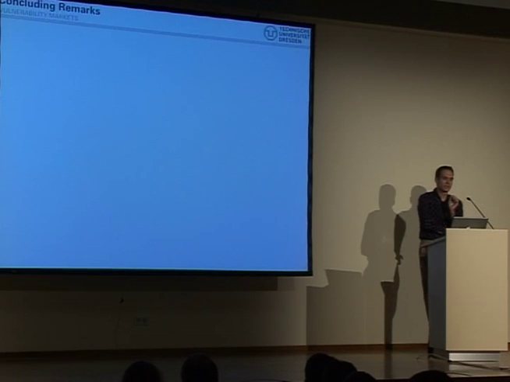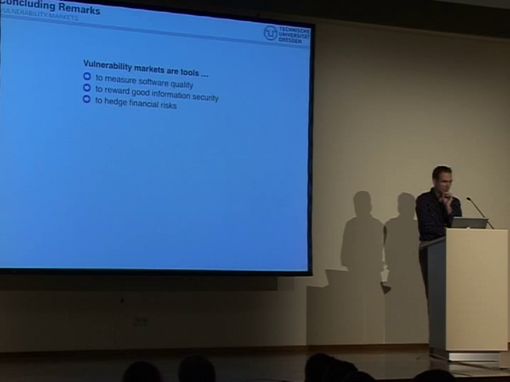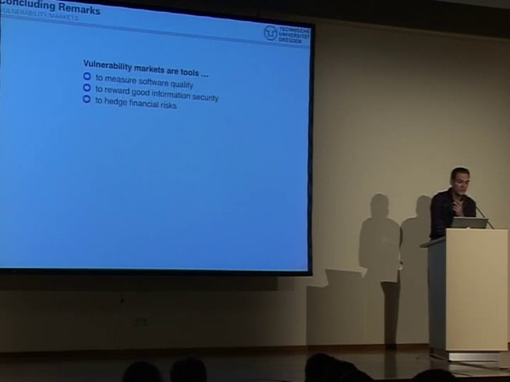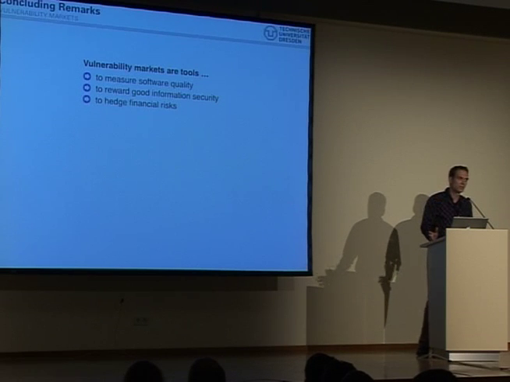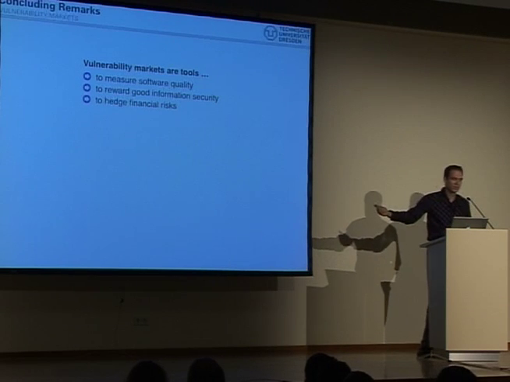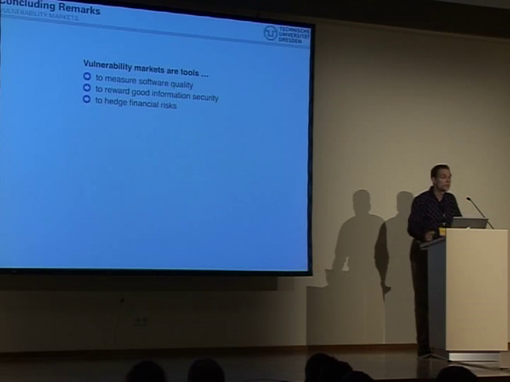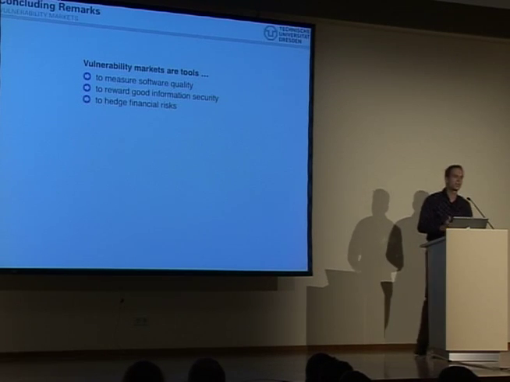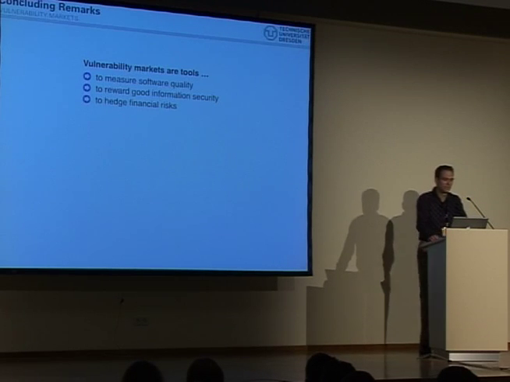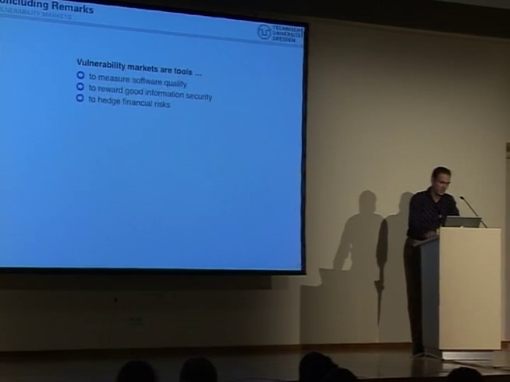To conclude this talk, we have seen that vulnerability markets are tools. Tools, not ends. Tools to measure the software quality, the information function, to reward good information security, the incentive function, and to hedge financial risks. This is the risk balancing function. And we have to learn to distinguish.